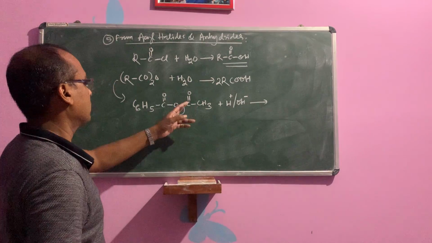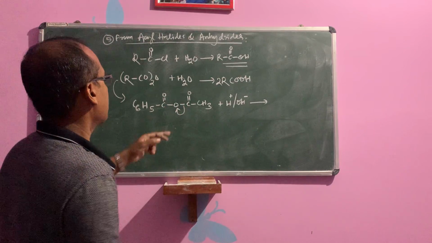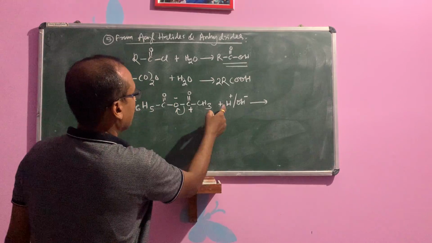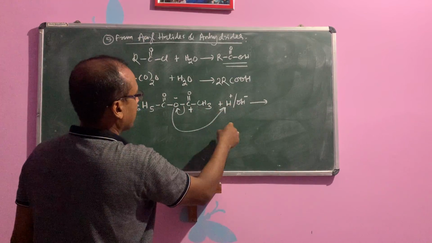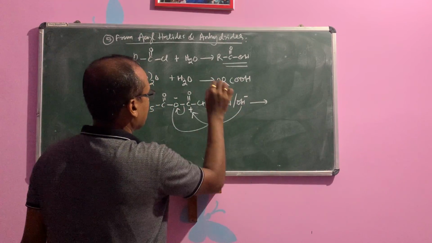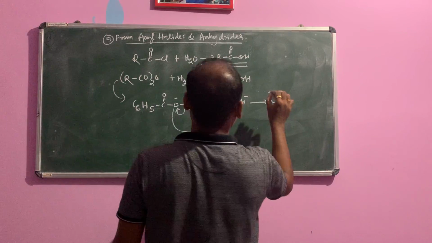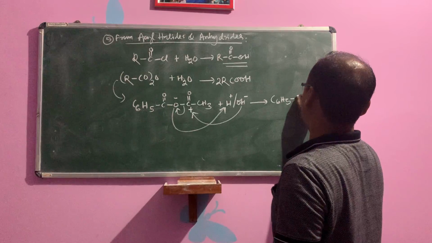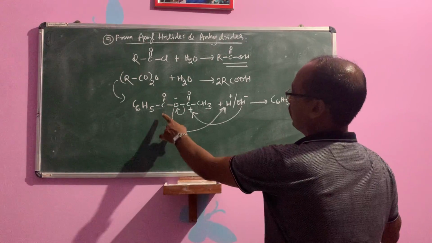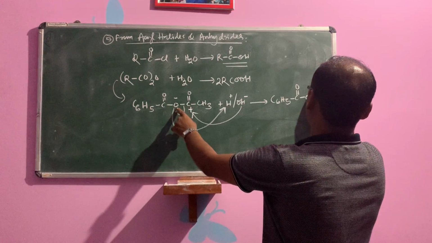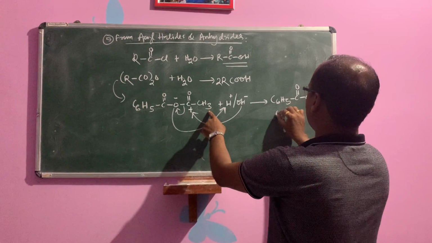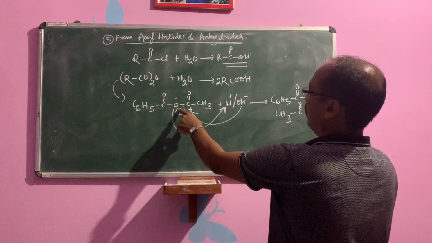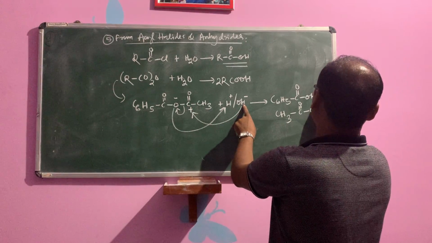On either side of the bond, oxygen will accept the negative, and this one is positive. Then the negative will go to carbon and the positive to hydrogen. So what are the products? You see the products: C6H5-C double bond O-OH plus CH3-C double bond O-OH.